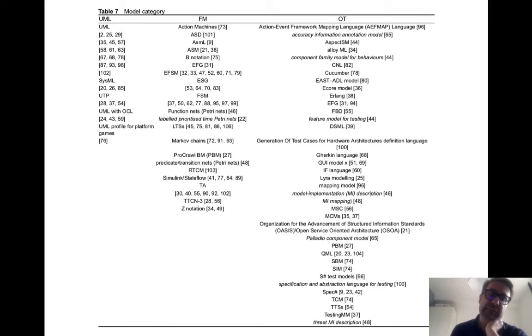LTS is a time-based model, so quite a lot of that, and you need that for embedded systems and so on. And then the others, okay, it looks like a lot, but it's basically a single paper or two on a few different techniques, so you know, less focused on that category actually.